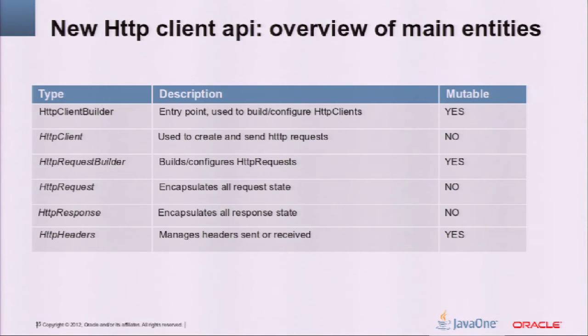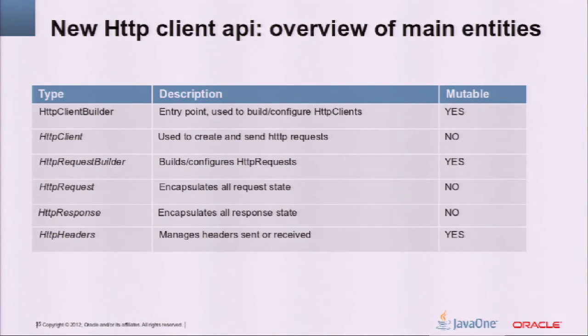And then the request object that you create from that encapsulates the HTTP request. The response equally captures all HTTP response state, and we have an HTTP headers object that is used consistently in both the request and the response object to give a consistent view of header manipulation.